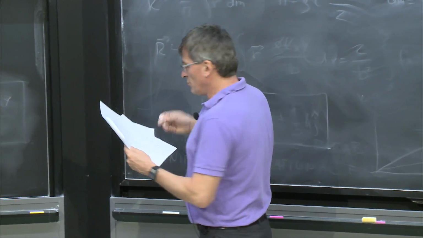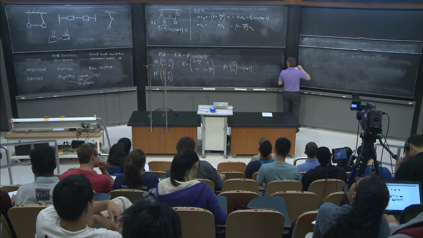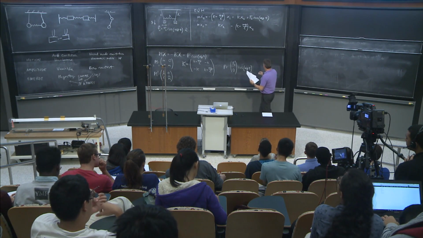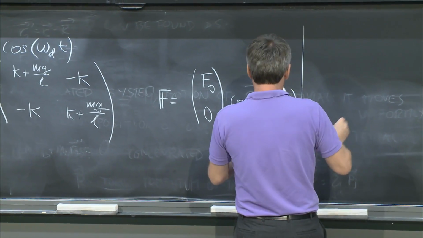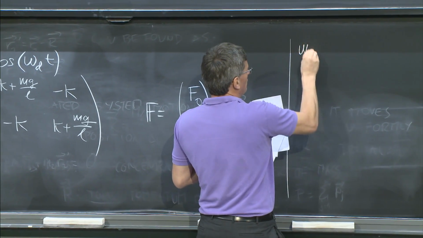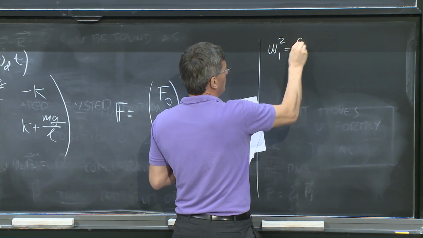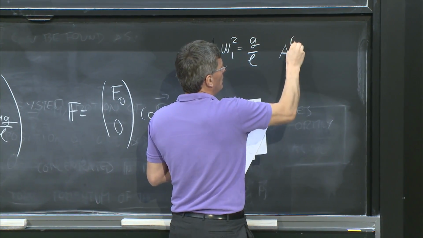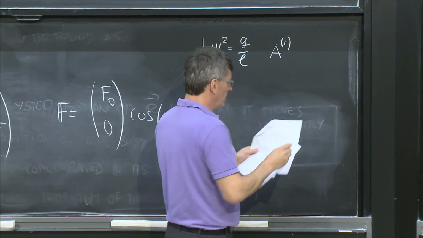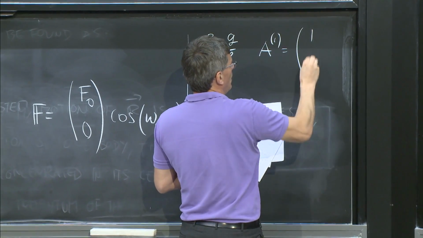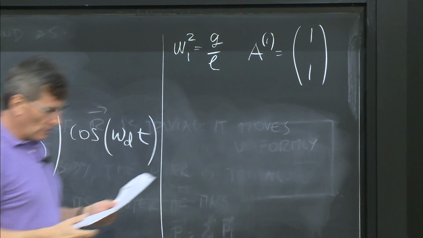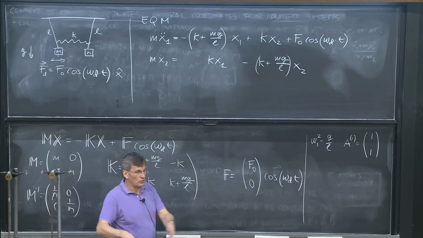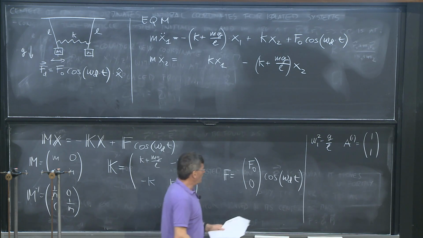Well, this was a solution. I'll rewrite it very quickly such that we have it for the record. So there were two solutions. There was omega 1 squared, which was equal to g over L, and the corresponding normal mode was a symmetric one, 1, 1. So this was one type of solution where the two masses were moving together.